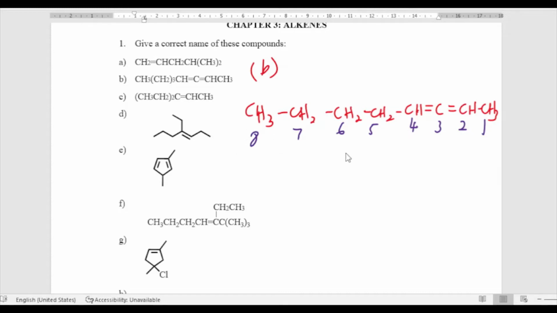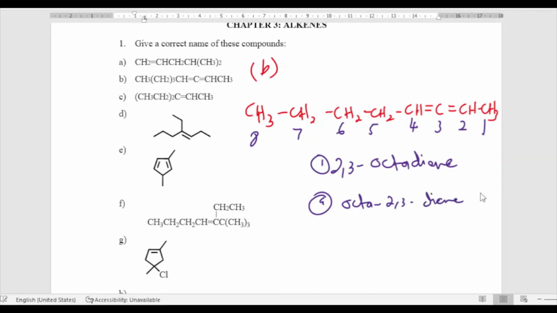So here we have 8 carbons, so octadiene, because there are 2 double bonds. Don't forget to give the position of the double bonds, at carbon 2 and carbon 3. So 2,3-octadiene, or octa-2,3-diene. Either one is fine.